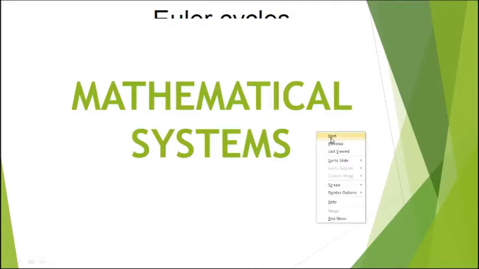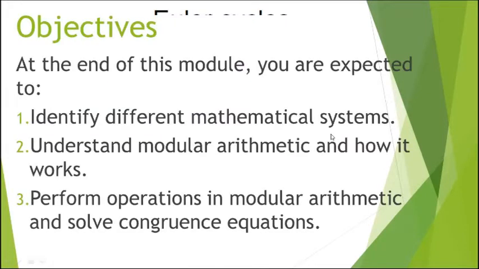So next will be mathematical systems. Our objective is that at the end of this module, you are expected to identify different mathematical systems, understand modular arithmetic and how it works, and perform operations in modular arithmetic and solve congruence equations.